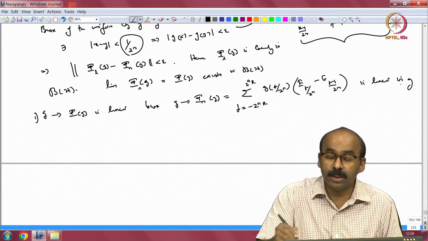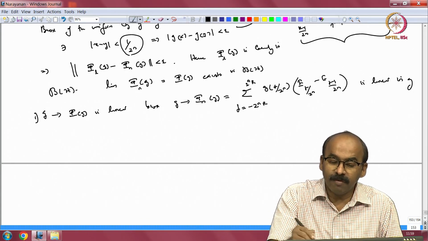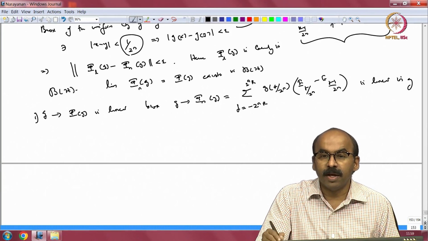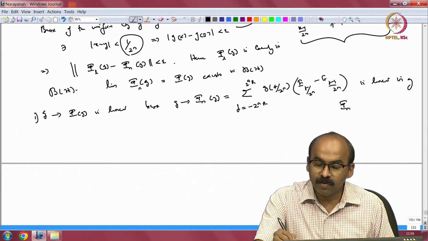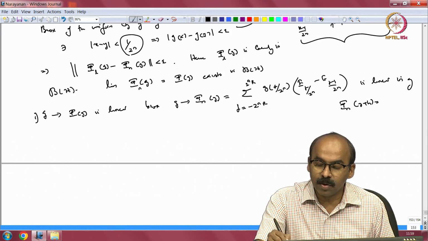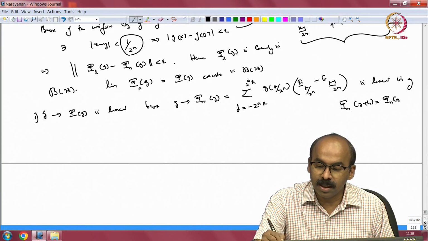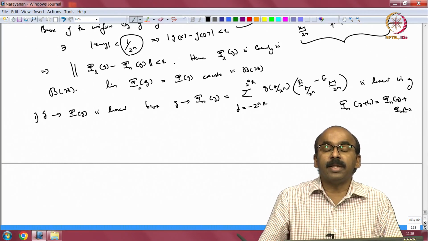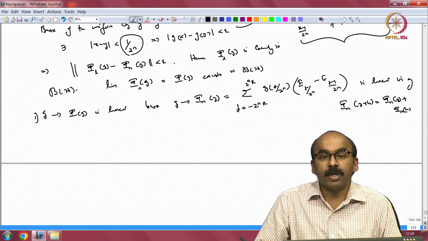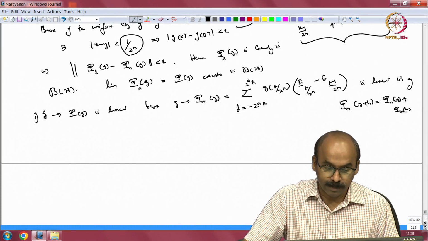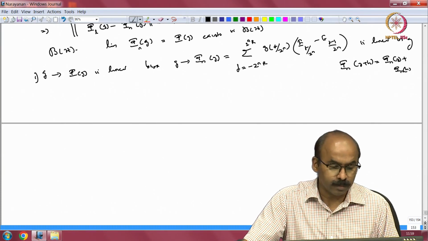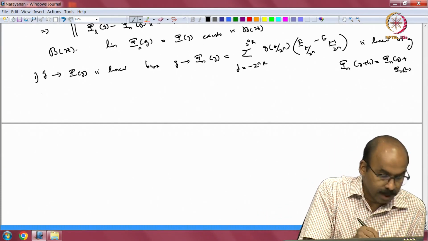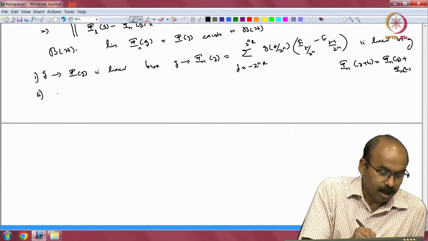If I take g to g plus h, I will have phi_n of g plus h equal to phi_n of g plus phi_n of h and so on, right. So, in the limit also it is going to stay as it is, right.